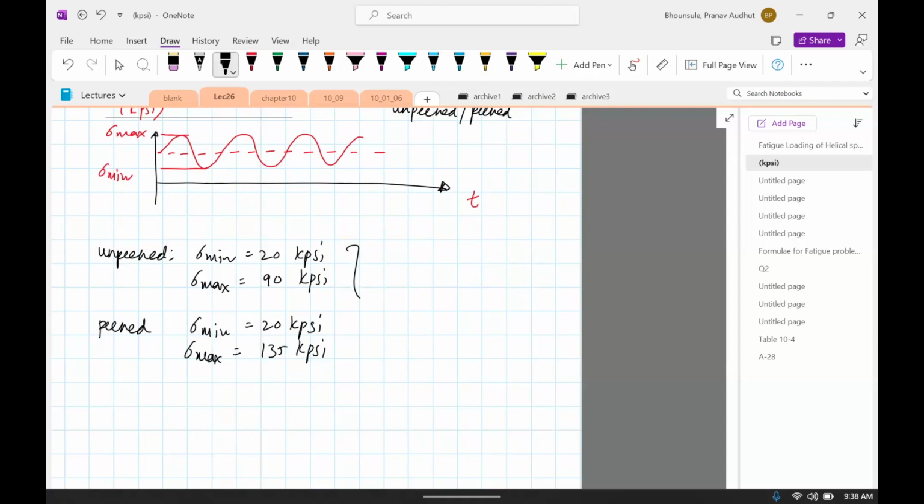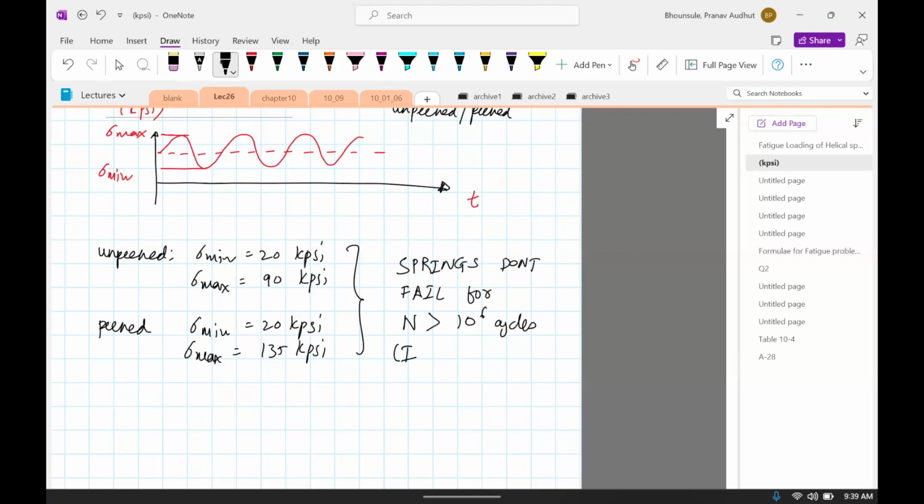Okay, so he did these tests on many different springs of many different materials, and he found that springs don't fail for cycles beyond 10 raised to 6, which is our definition for infinite life.